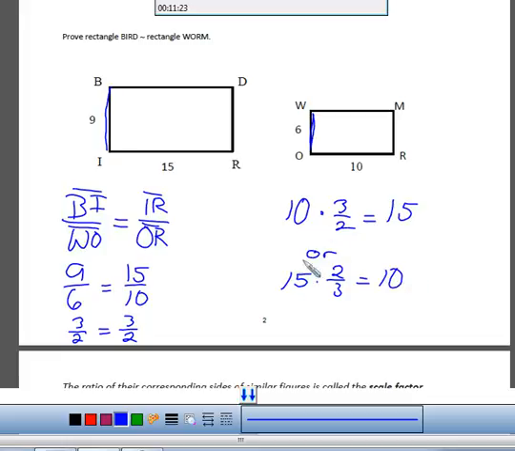So there's a scale factor. There's something I can multiply all of these sides by to get all of these sides, or the other way around. Alright, one more set of examples to look at over on page 3.